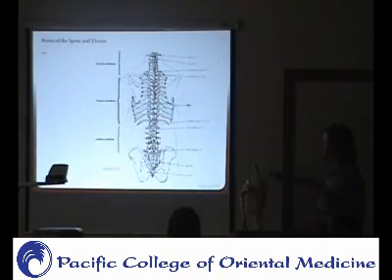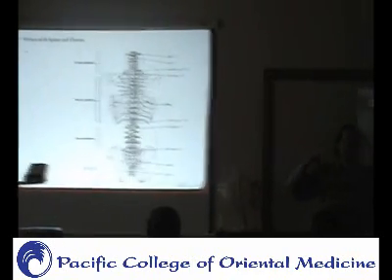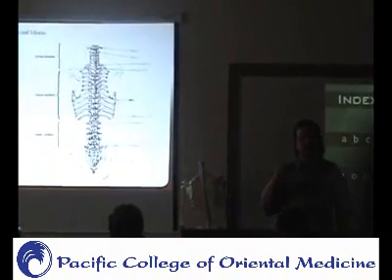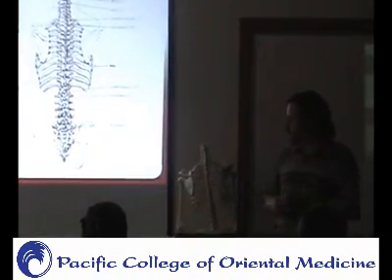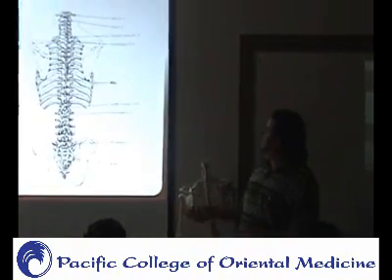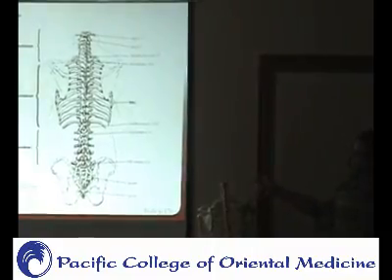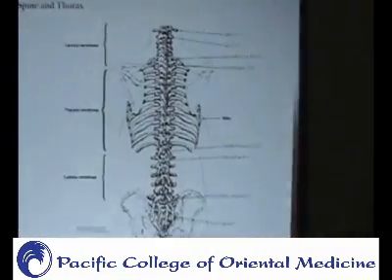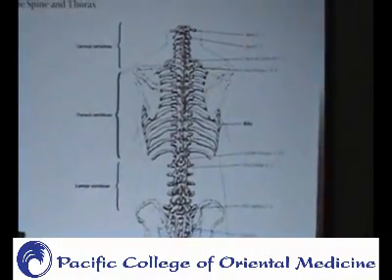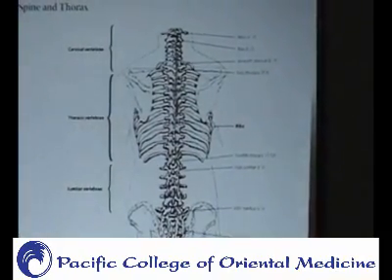Now, when you're palpating along the back, you're going to be doing a lot of stuff with back shoe points and things, so you need to have landmarks to know what level of the vertebrae that we're at. Okay. So on the scapula here, we'll go over this more, but you have the medial border of the scapula, and then this is what's called the spine of the scapula right here, and this is the root of the spine of the scapula.